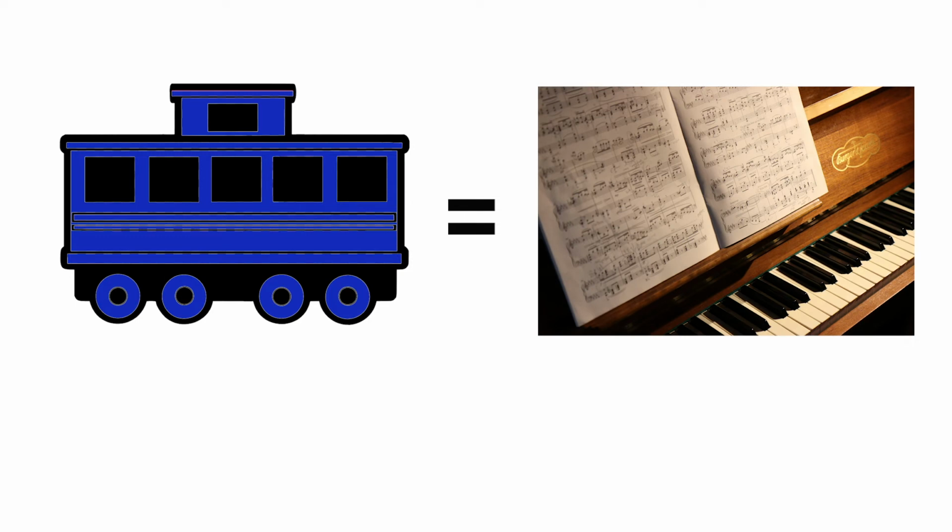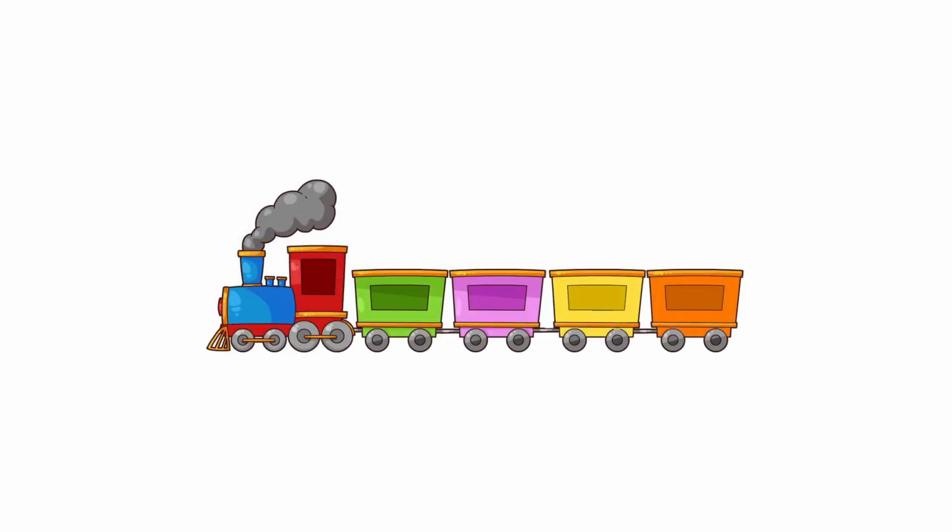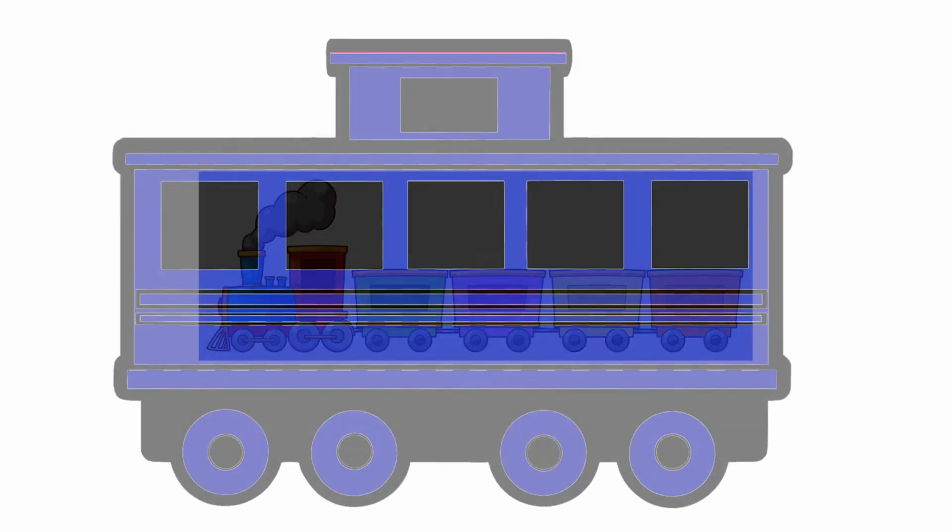It's still a railroad car. It's still the same color because in this case, it's going to be piano. The piano is the only instrument you're going to hear. Therefore, blue is the only color that you're going to see. I've selected a railroad car because of the train analogy.